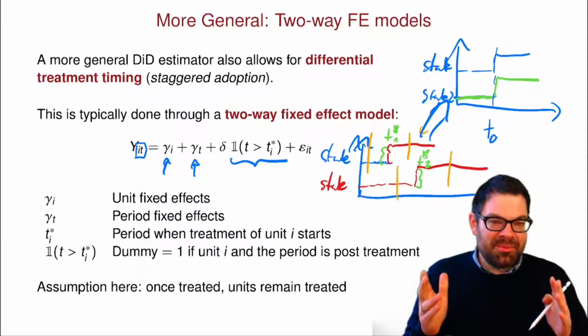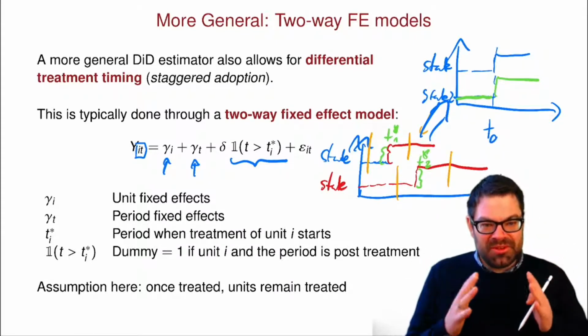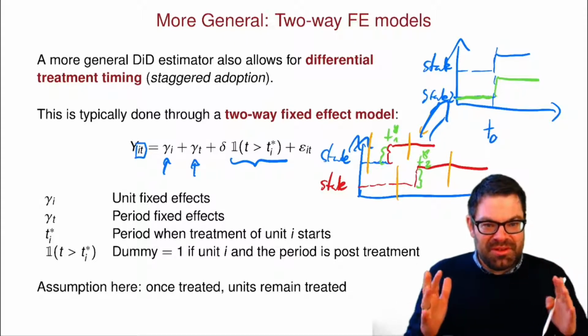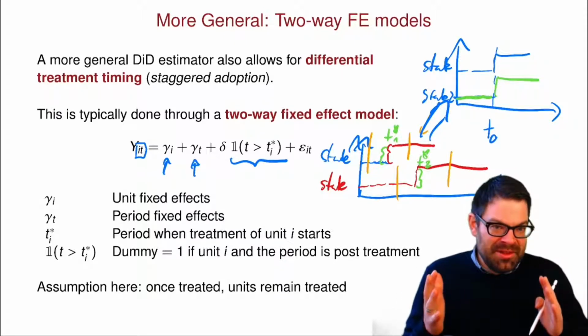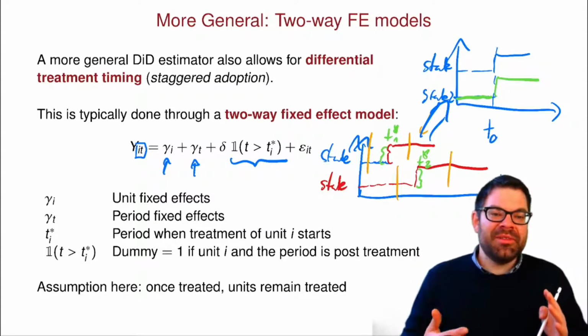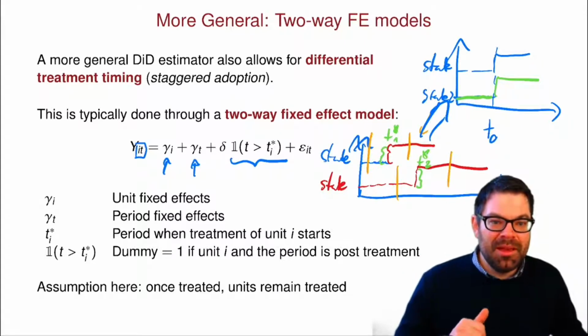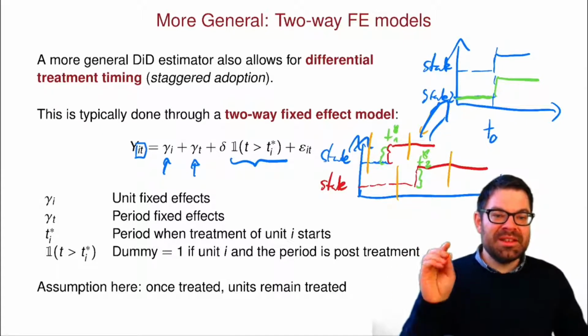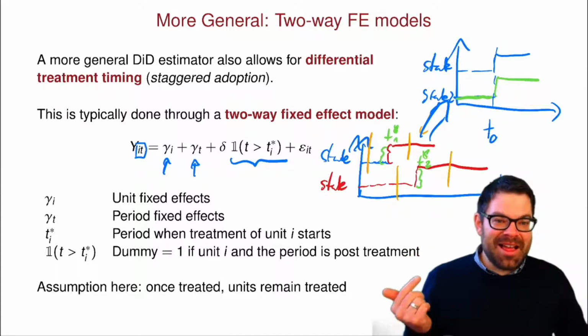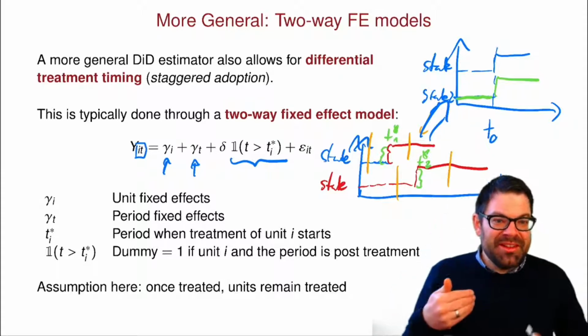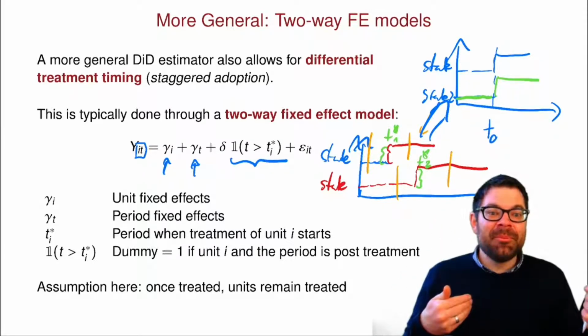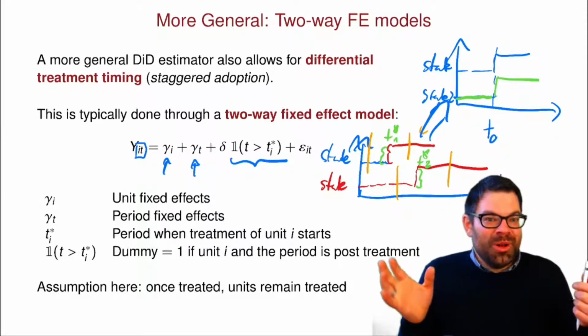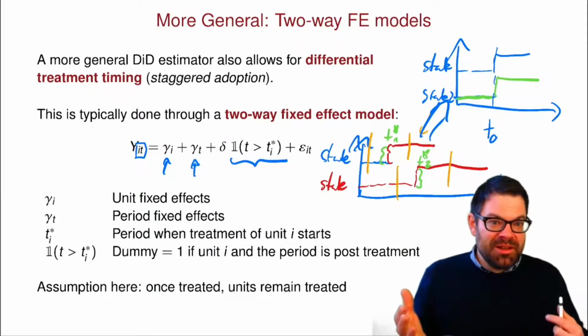Sometimes there's a pragmatic choice, right? So your sample period only goes a certain duration, but even then you need to think about, well, how would my estimates change if I made it longer? The second thing is what to do with data points that lie beyond the leads and lags, that lie before the first lead or after the last lag. And what should we do with them? Should we discard them?